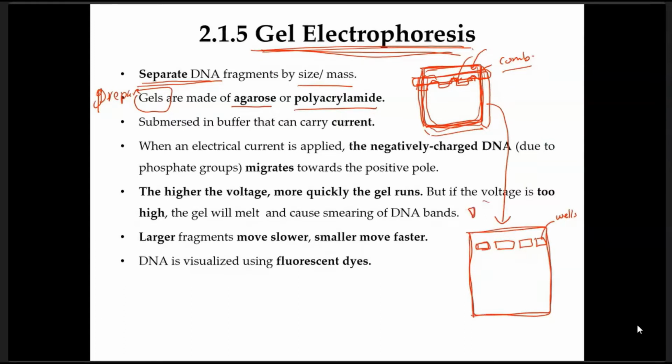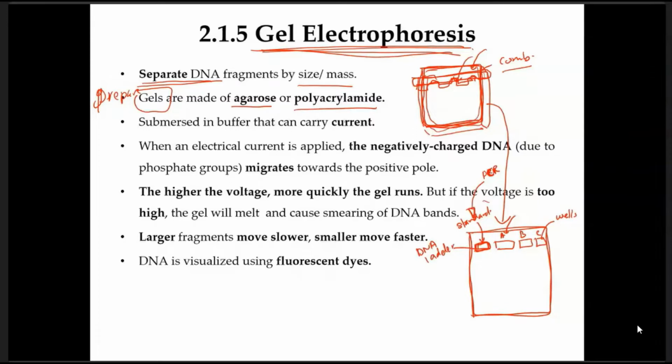The samples that maybe you have run PCR on, you insert your sample A, sample B, sample C. At the end maybe there is a well that you prepare for the standard, which we usually call a DNA ladder.